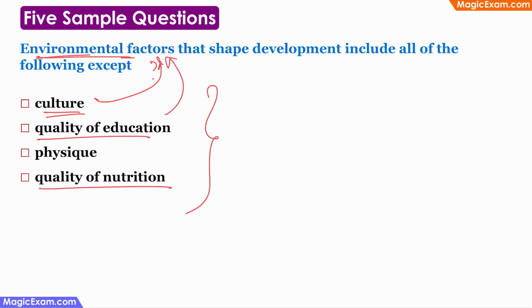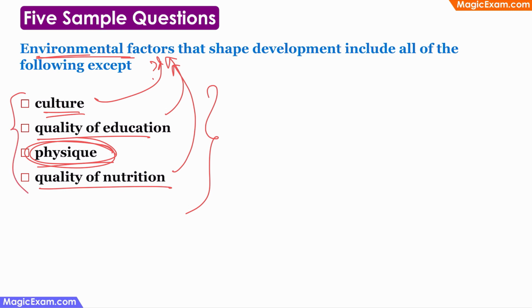Quality of nutrition, that is the type of food that the child is getting, is also an environmental factor. Physique, that is whether the child is tall or whether the child is short, is not an environmental factor. It can be the result of hereditary factors and it can be the result of environmental factors. But it itself is not an environmental factor. Therefore, the correct answer here is physique, because it is not an environmental factor, whereas all the other options are environmental factors.